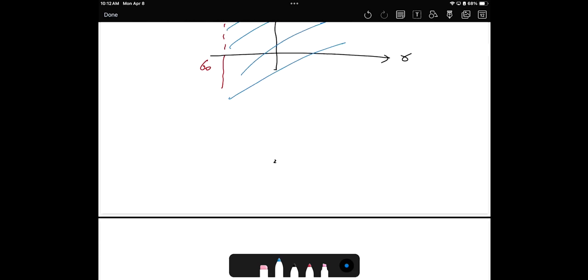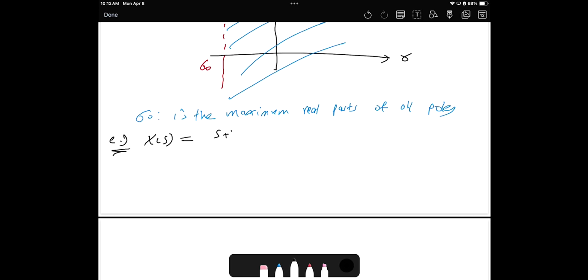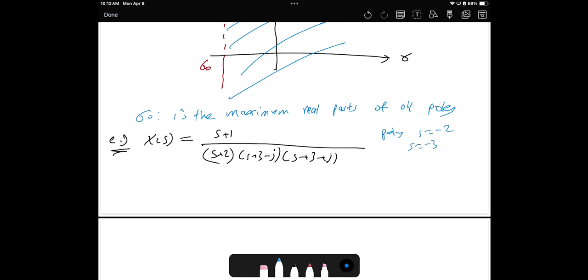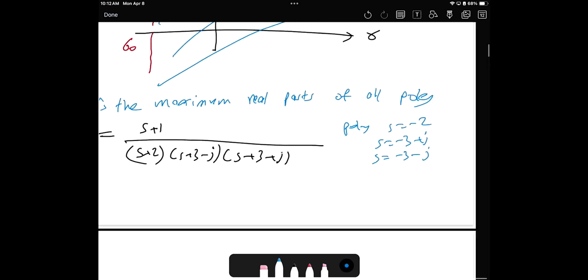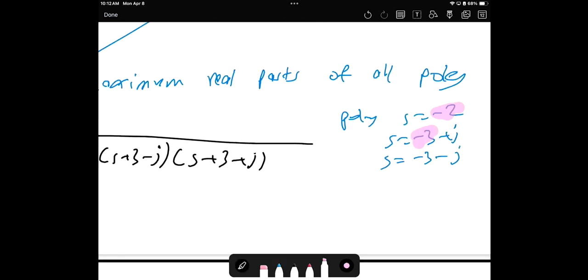Okay, let's imagine this example. Assume we have X of s equal to s plus 1 divided by s plus 2, s plus 3 minus j, s plus 3 plus j. So the poles here are s equal negative 2, s equal negative 3 plus j, s equal negative 3 minus j. Look at the real parts: negative 2, negative 3, negative 3. What's the maximum real part? Which is negative 2, right?